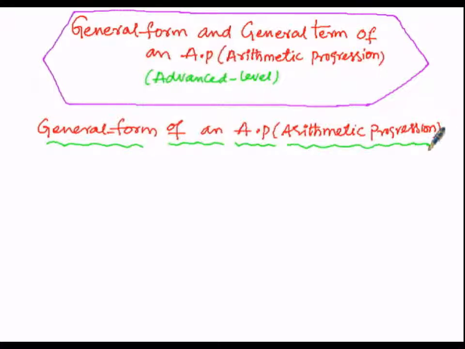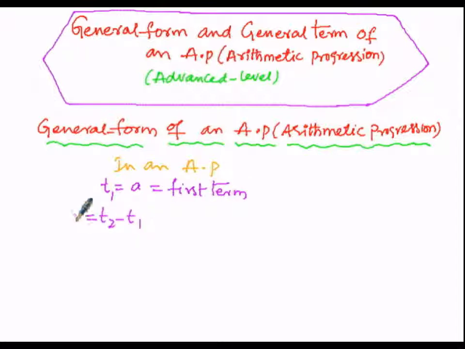To know about the general form, in an AP, that is arithmetic progression, A is the first term. So T1 is nothing but the first term, and T2 minus T1, which is denoted by D, is nothing but the common difference.